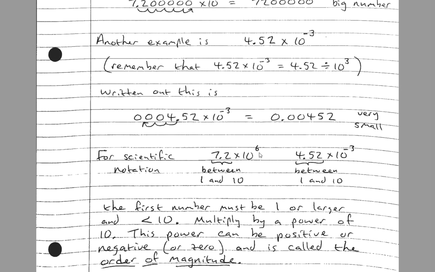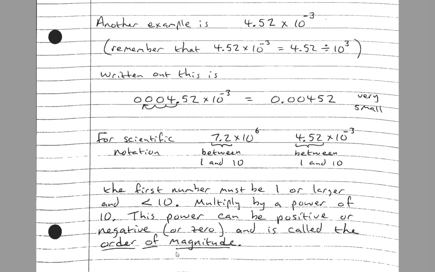And then that gets multiplied by a power of 10, and that power can be positive, here it's a 6, or it could be negative, here it's negative 3. And that power, it's called the order of magnitude of the number. So it kind of gives a measure of the scale, the basic size of the number. So numbers with positive orders of magnitude are going to be large numbers. Numbers with negative orders of magnitude are going to be small numbers, close to 0.